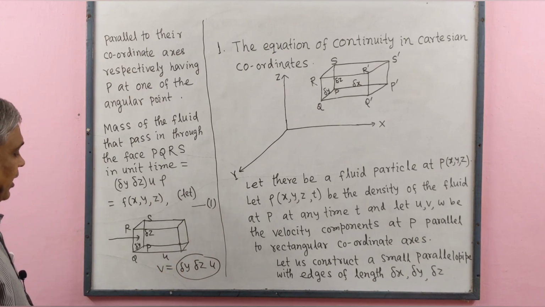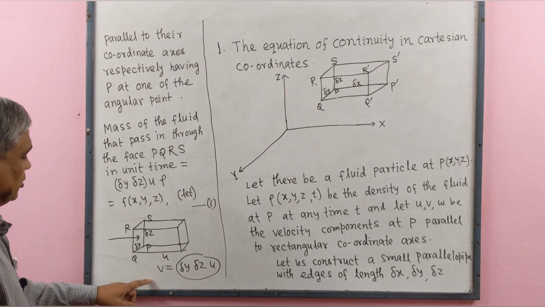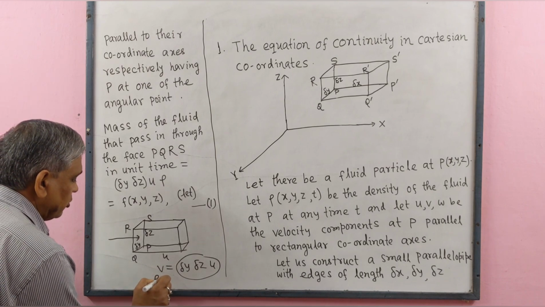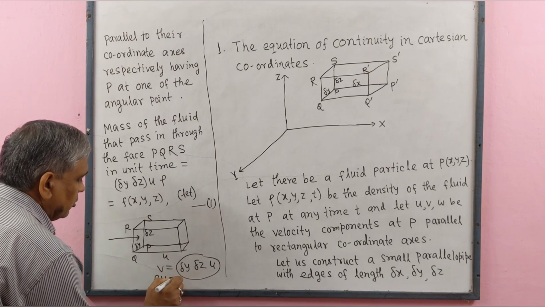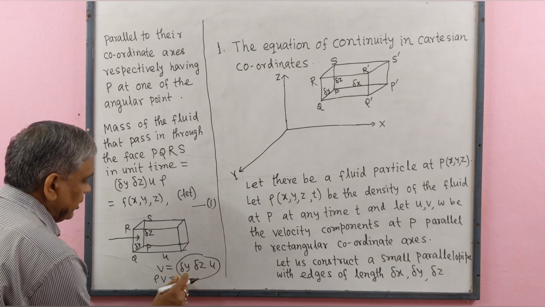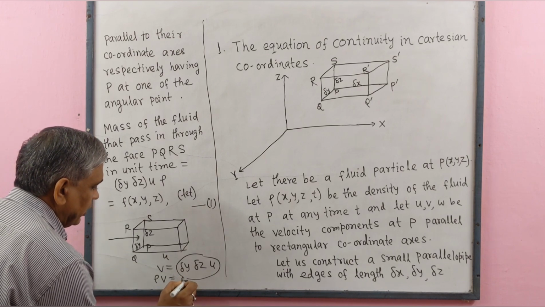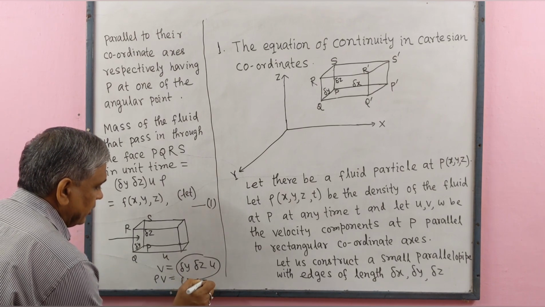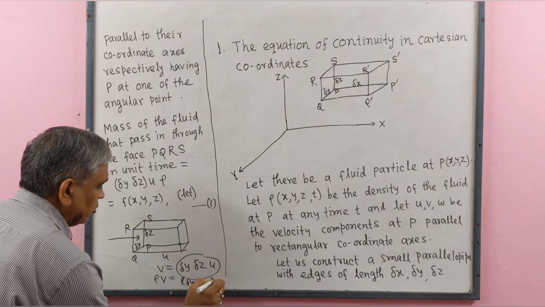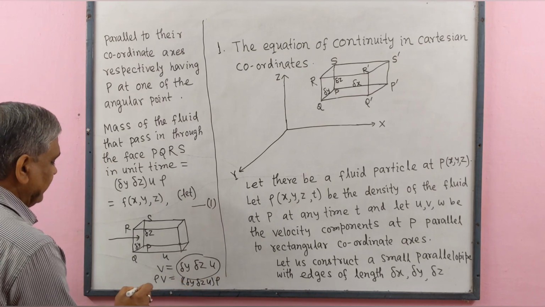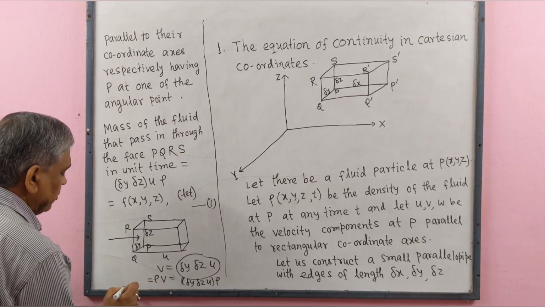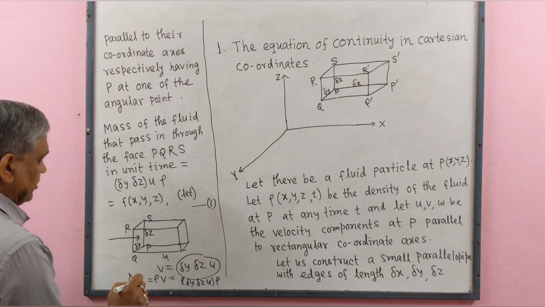If we multiply this volume with density rho, it will be delta y, delta z, u into rho, and this will be the mass.